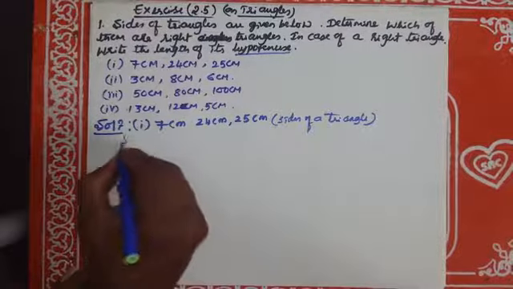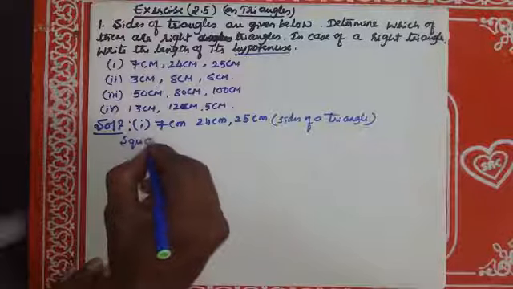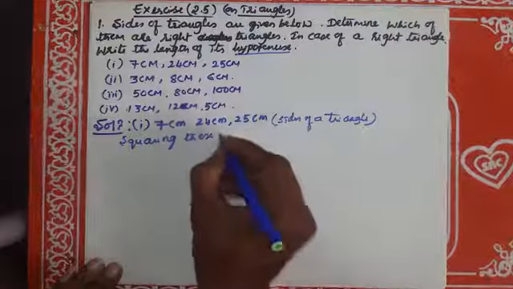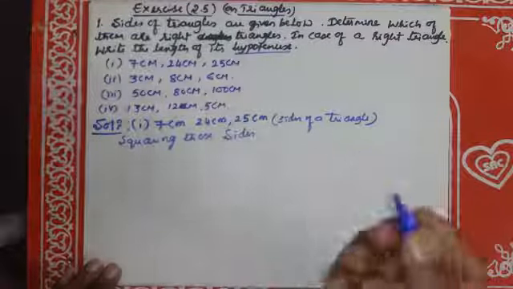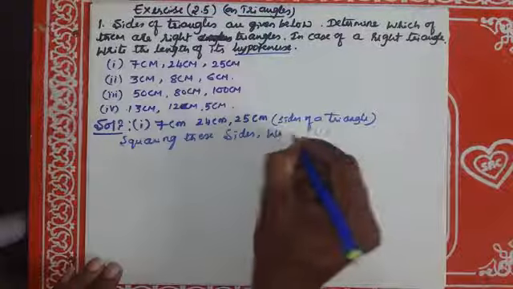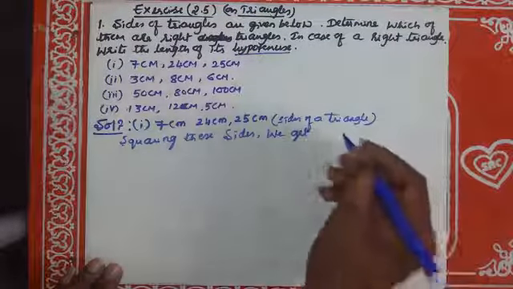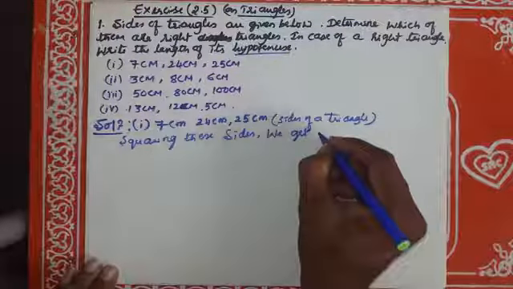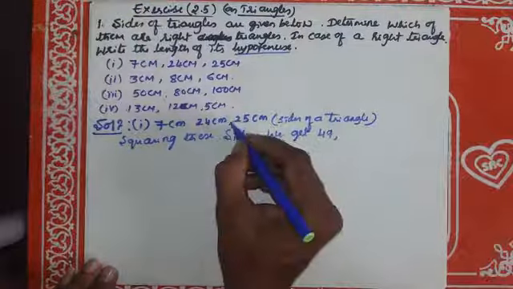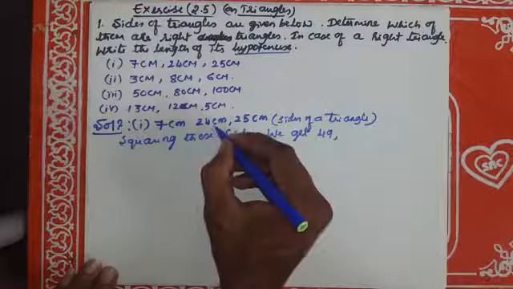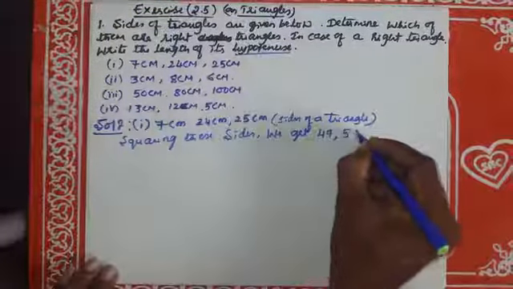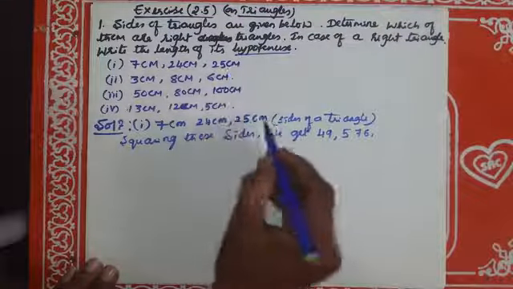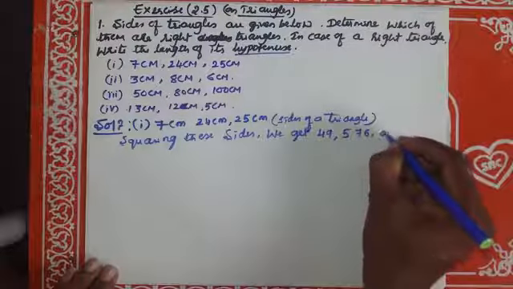Squaring these sides we get: what is the square of 7? 49, right? And 24 square is equal to 576, and the square of 25 is equal to 625.